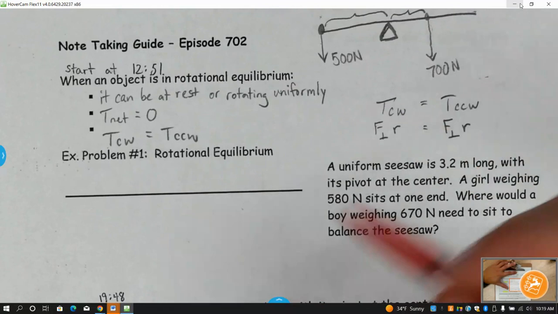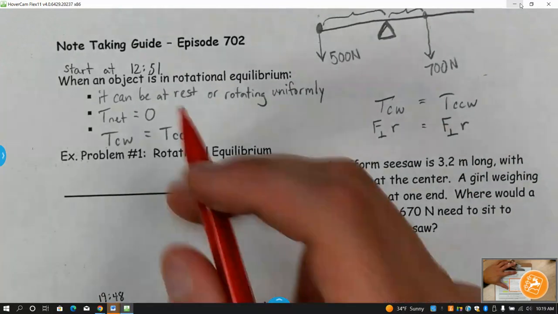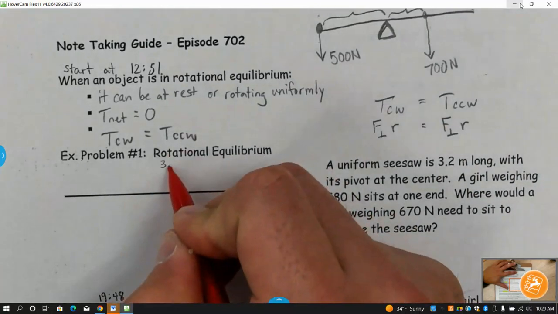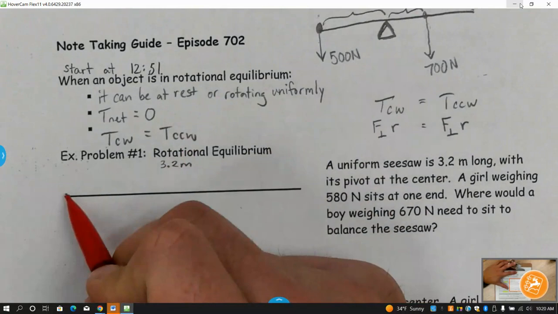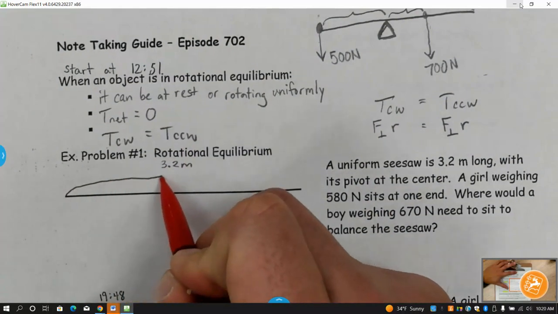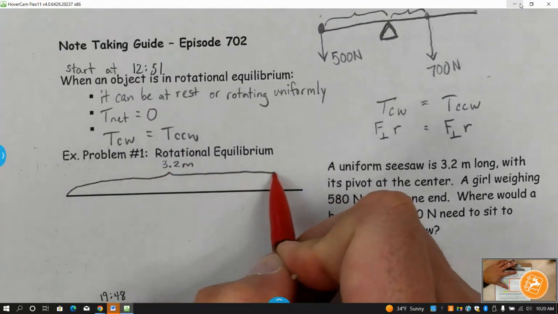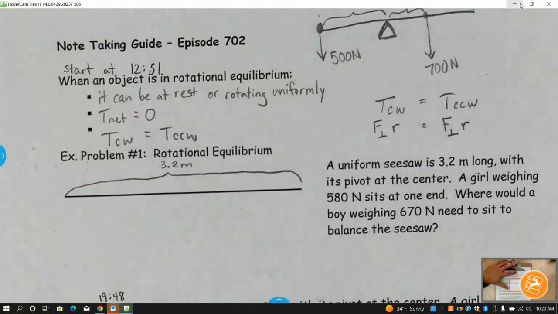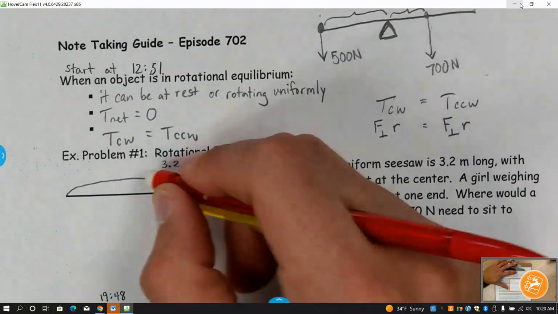So it says a seesaw. This seesaw is 3.2 meters long, from one end to the other.